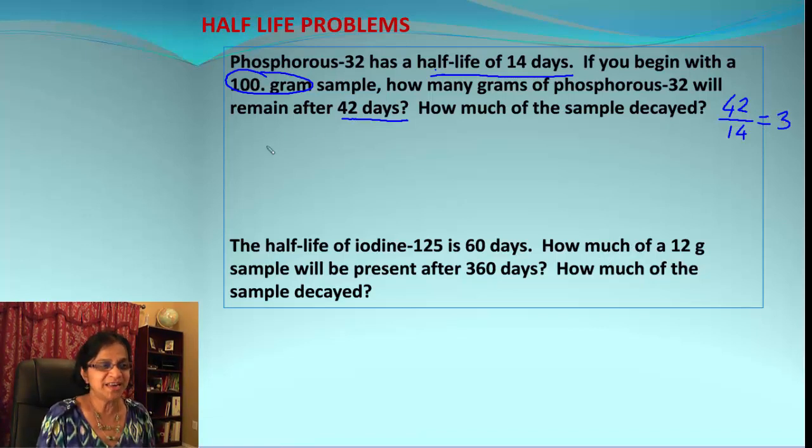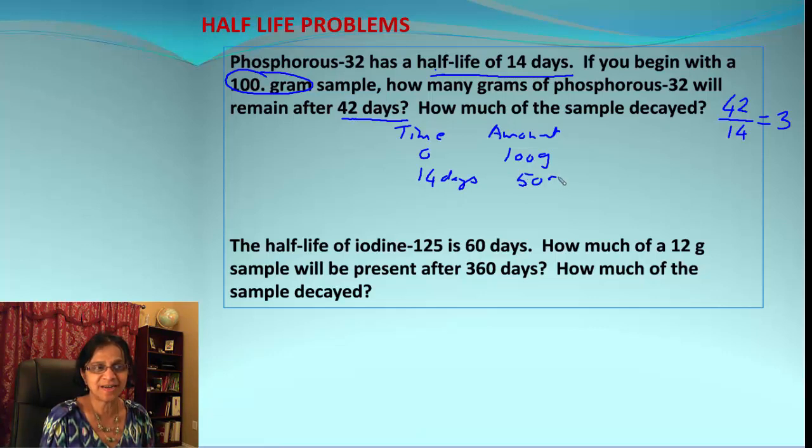So we can easily find out how much was left. Let's say at time 0, how much amount we had before anything was decaying. We started with 100 grams. Then comes the first half-life, which is 14 days. How much will be remaining?